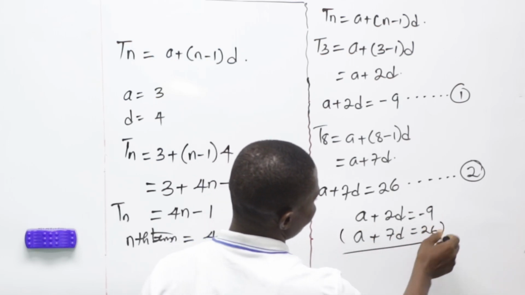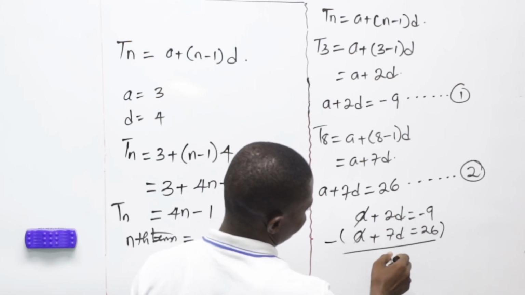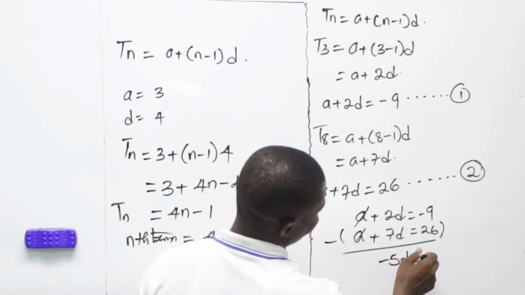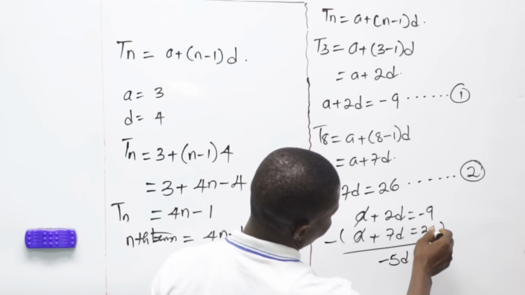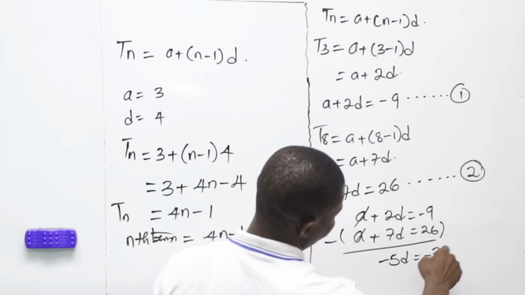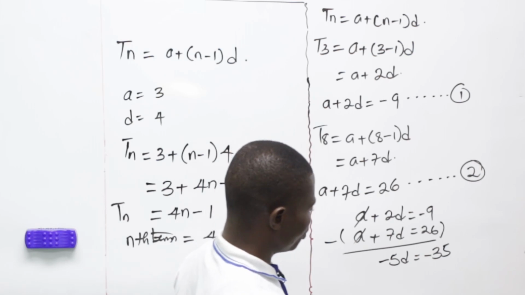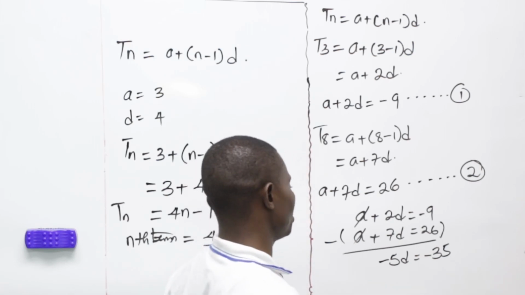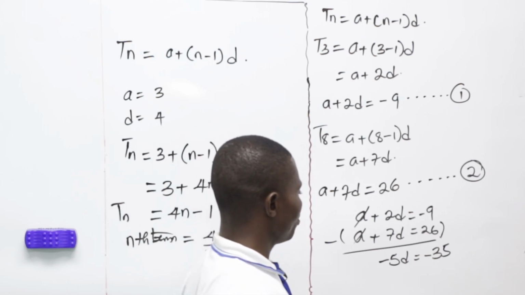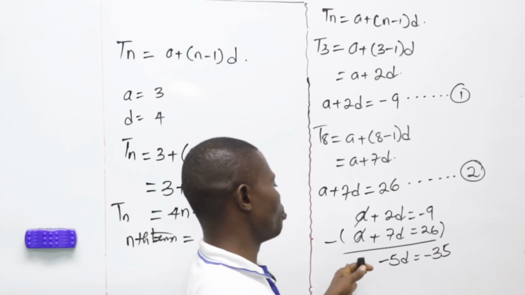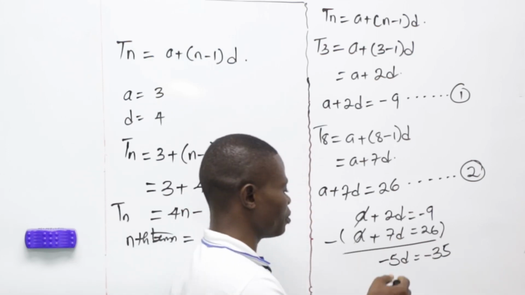You just introduce a minus sign to help you solve, meaning minus 5D equals minus 35. You have minus 35 here. So to get the value of D, we are going to multiply both sides by minus 1 over 5. That is the multiplicative inverse, or you can say dividing through by minus 5.